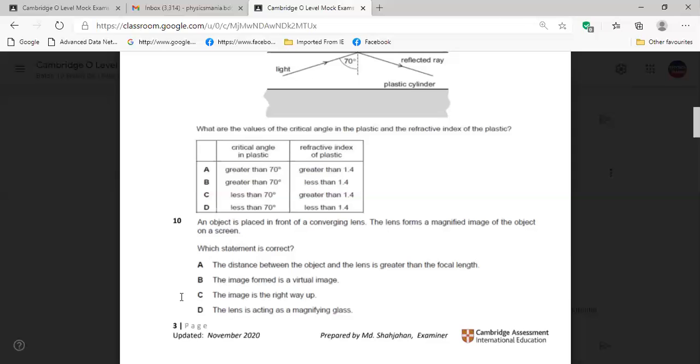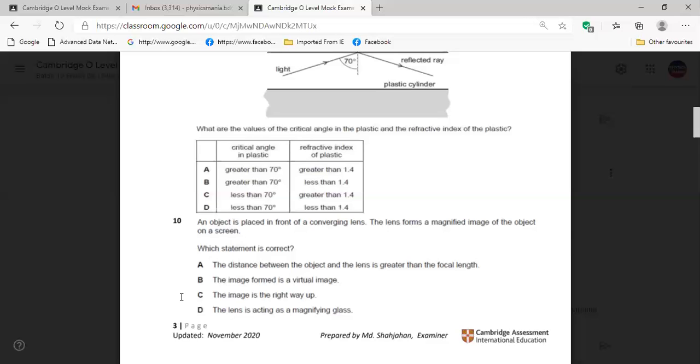Now in a ray diagram, you can draw any two rays. You can draw one parallel with the principal axis going to the principal focus. Then another one you can show with the optical center, which will go without bending. Then you'll get the image position. For any object, you can get the image position by drawing ray diagrams.